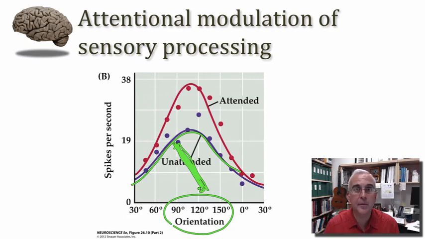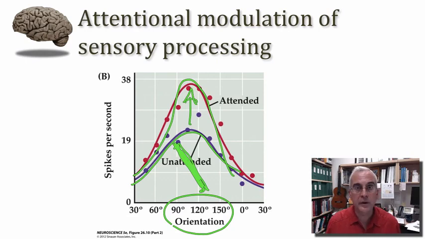Now notice what happens when the animal is given a cue to pay attention to the orientation of a particular location of the visual world. What we see is for those neurons whose receptive fields are being stimulated, the tuning function gets much sharper. So this neuron is becoming more selective and more responsive as a function of this attentional signal.